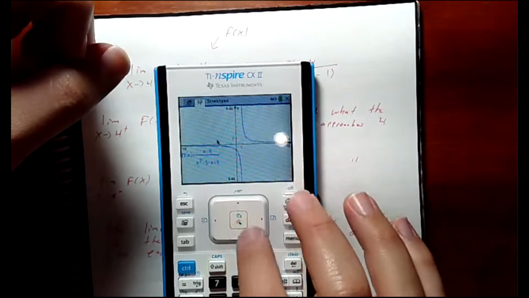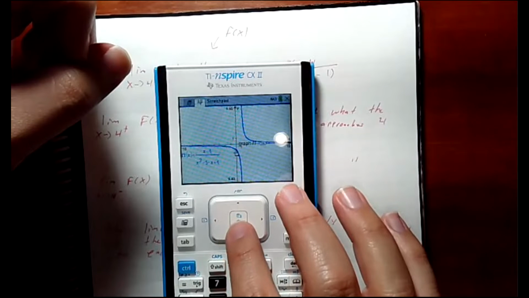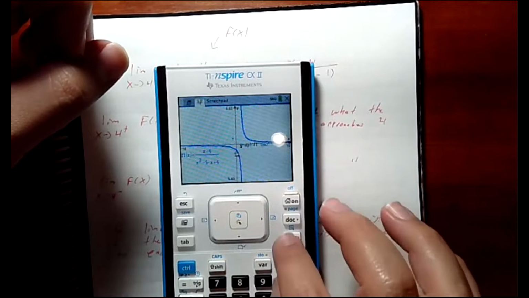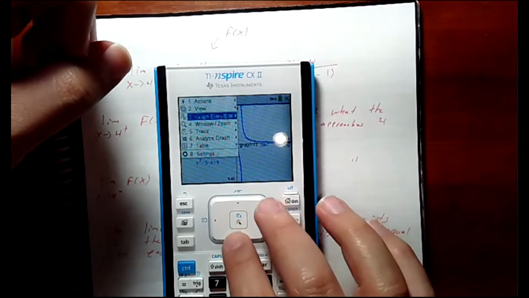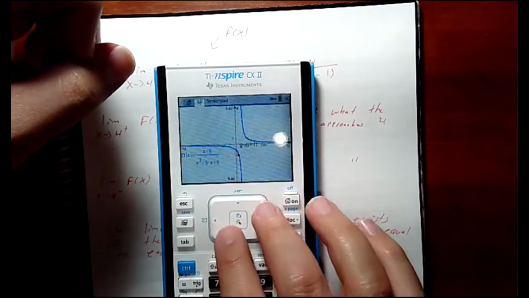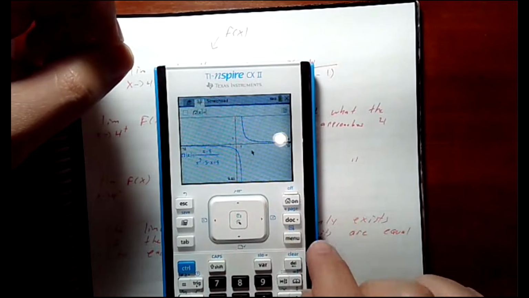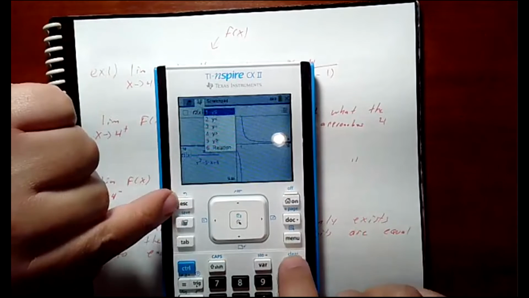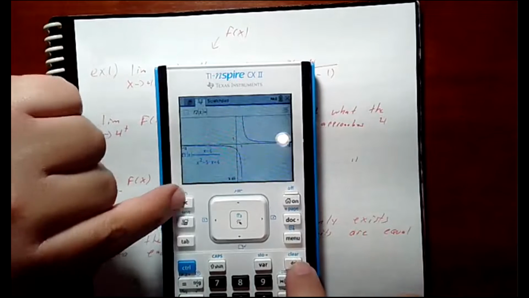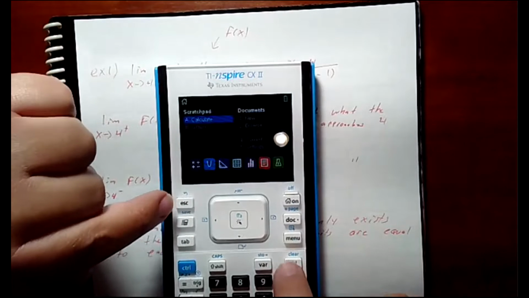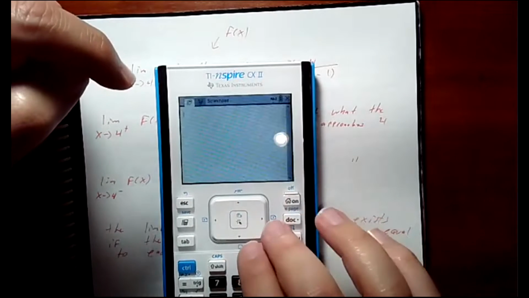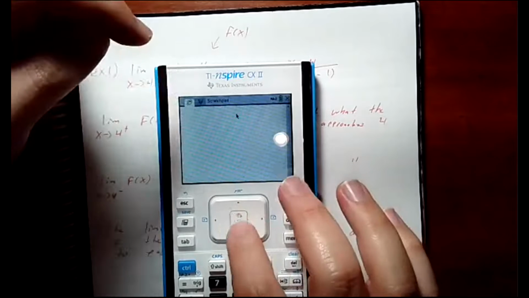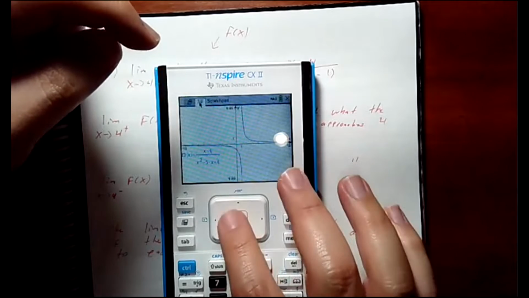I told you this calculator is insanely complicated. And if I don't pay attention, one has a blue case, one has a blue back, and one of them's the CAS and one of them's not the CAS.